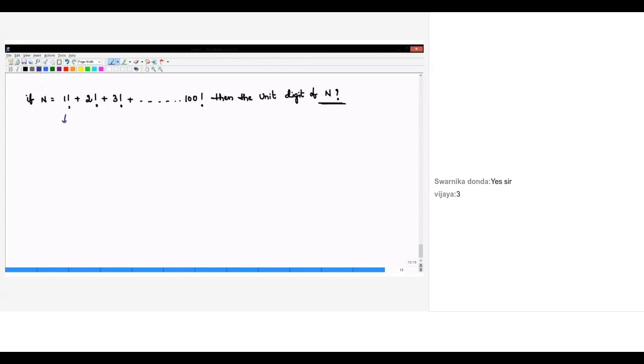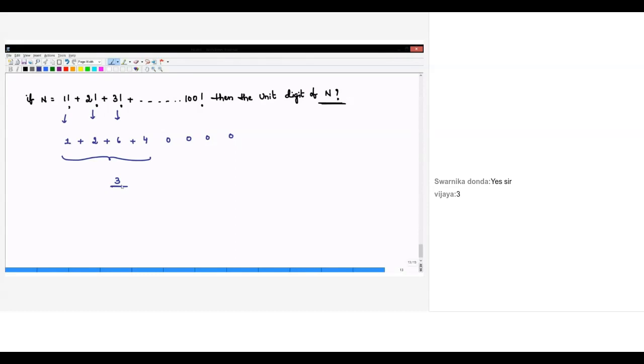Ends with 1. 4 factorial ends with 24. After that, everything ends with 0 only. Therefore, 13 means it simply ends with 3.